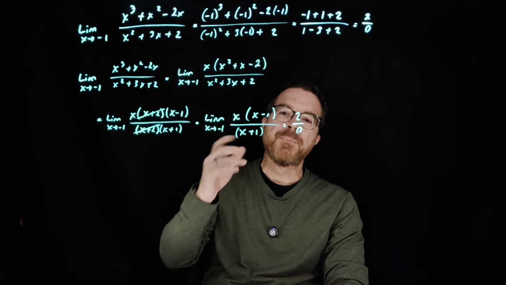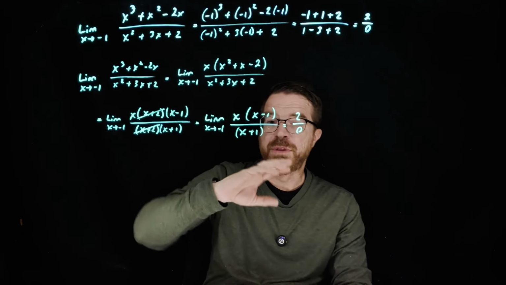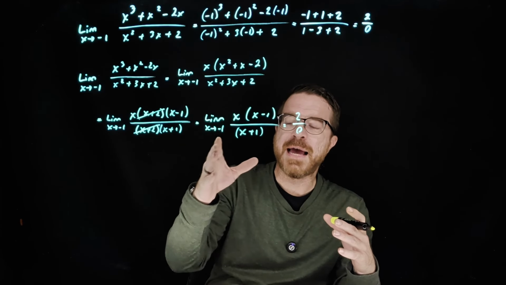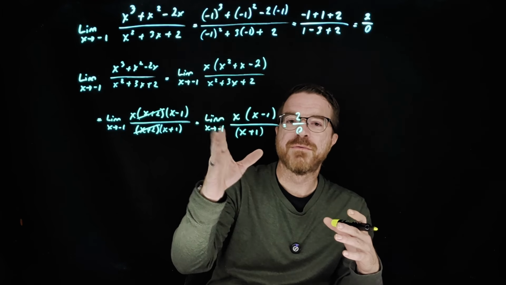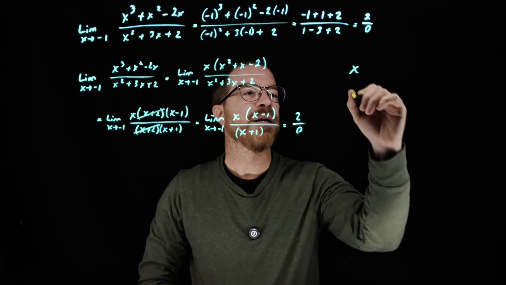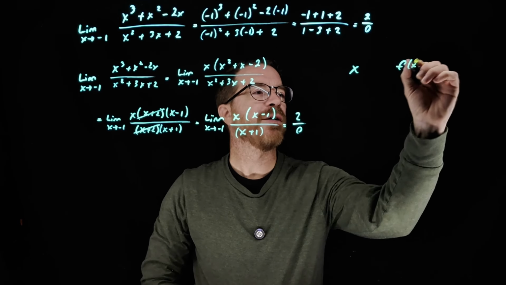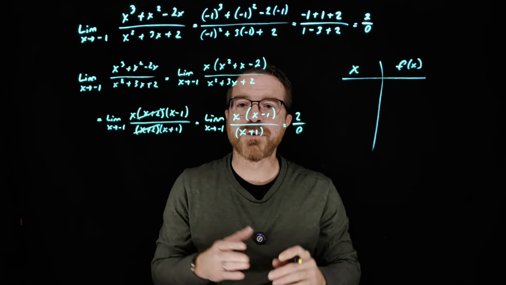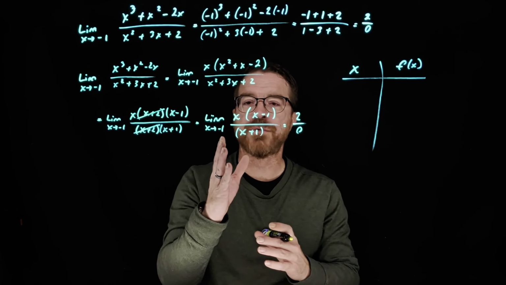So what I'm going to do is go back to the original method we looked at, and just say what happens as I approach negative 1 from the left and from the right. I'm going to pick some values for x, and see what the value is for my function as I get closer and closer to this negative 1. So first, let's look from the left.